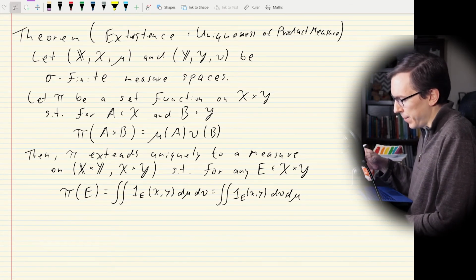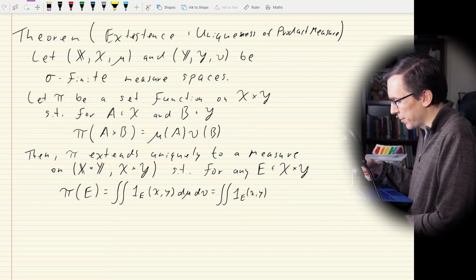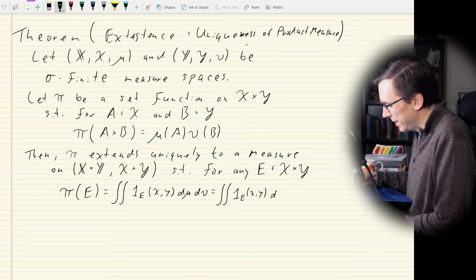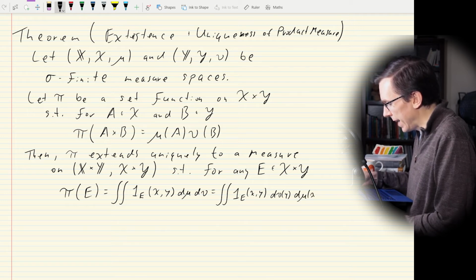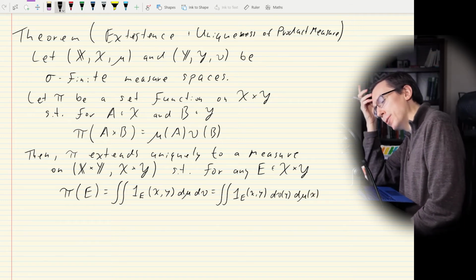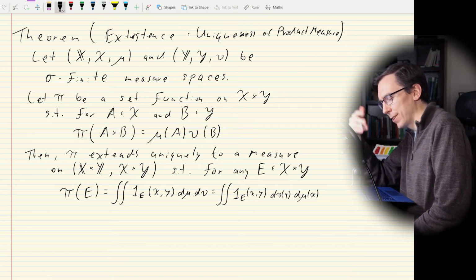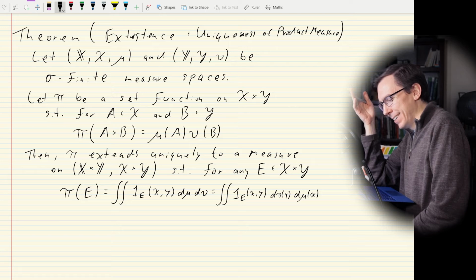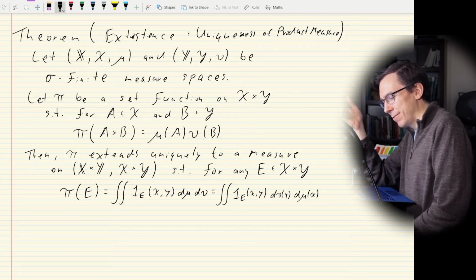I guess, strictly speaking, in the notes I would write something like d nu of y, d mu of x, but it's kind of implied because mu is on x and nu is on y, and pi is on the product space. The point is that we can define it either way.